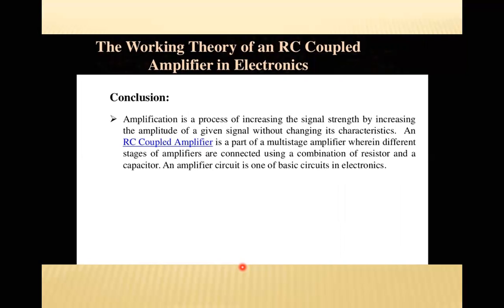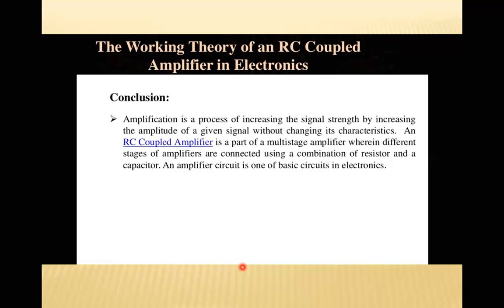So, what is the conclusion about the RC coupled amplifier? Amplification is a process of increasing the signal strength by increasing the amplitude of a given signal without changing its characteristics. An RC coupled amplifier is a part of a multi-stage amplifier wherein different stages of amplifiers are connected using a combination of resistors and a capacitor.